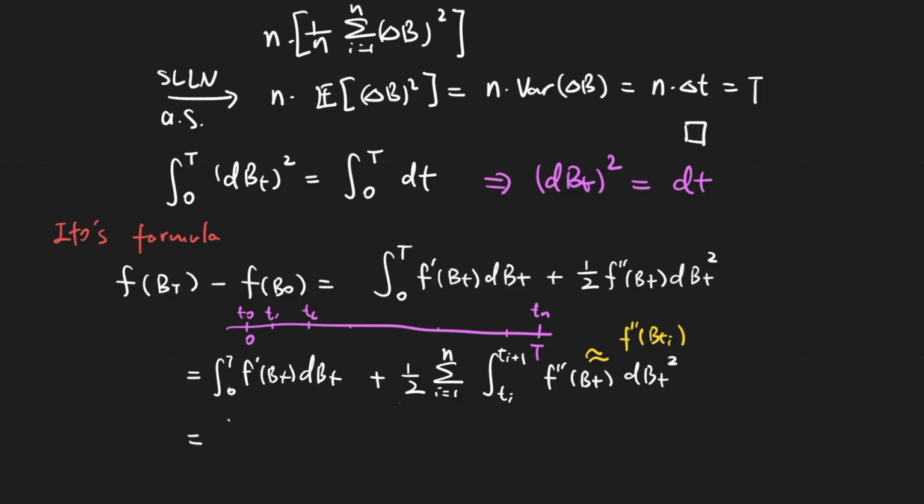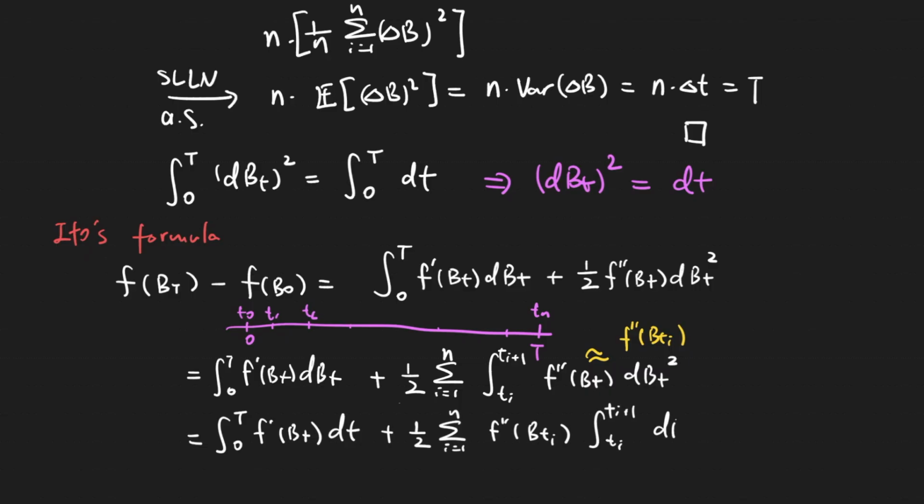That equals the integral from 0 to t of f prime B_t dB_t plus a half times the sum of the second derivative at B_{t_i} times the integral of t_i to t_{i+1} of dB_t squared.